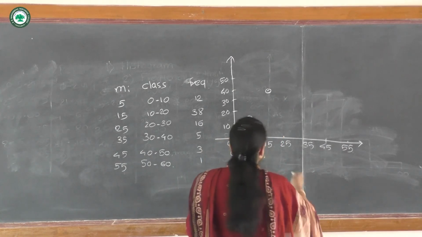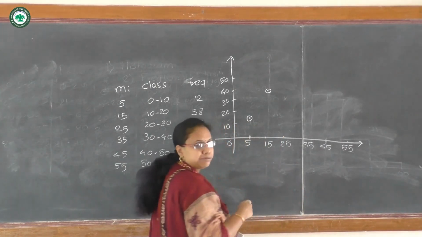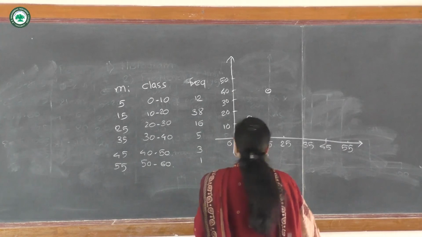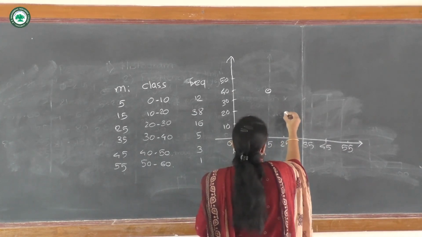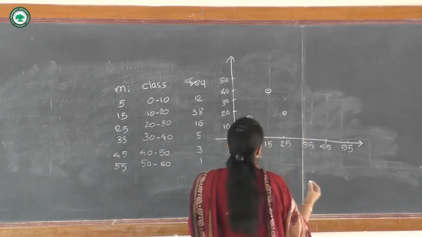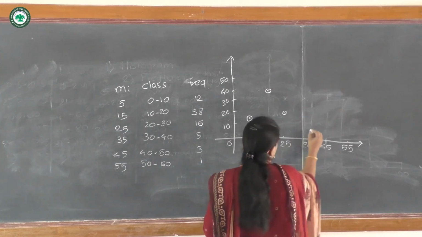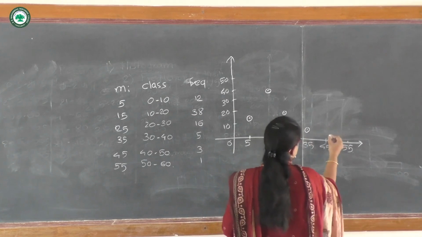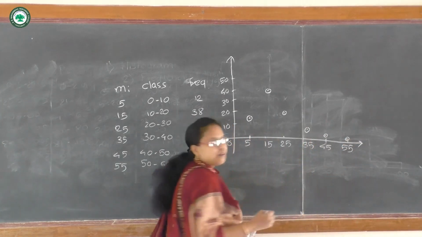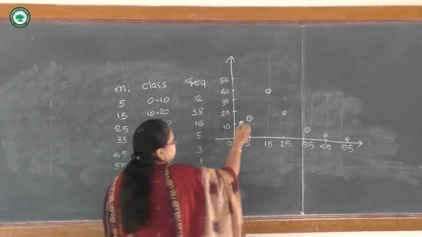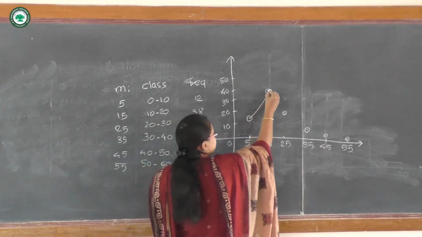You can use a scale for a better plot. So for the next class it is 16. Then 5. This is 3 and 1. And the final step is we have to join these points with a straight line.